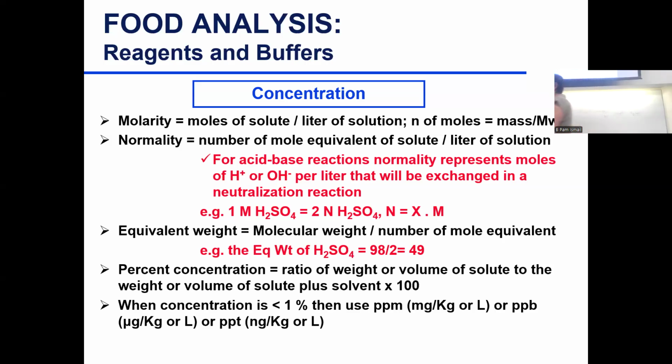NaOH has 1 OH, but calcium hydroxide has 2 hydroxyls. So then you have to account for the number of moles equivalent of that solute. For example, here I give you 1 mole of H2SO4, which is equivalent to 2 normal H2SO4.